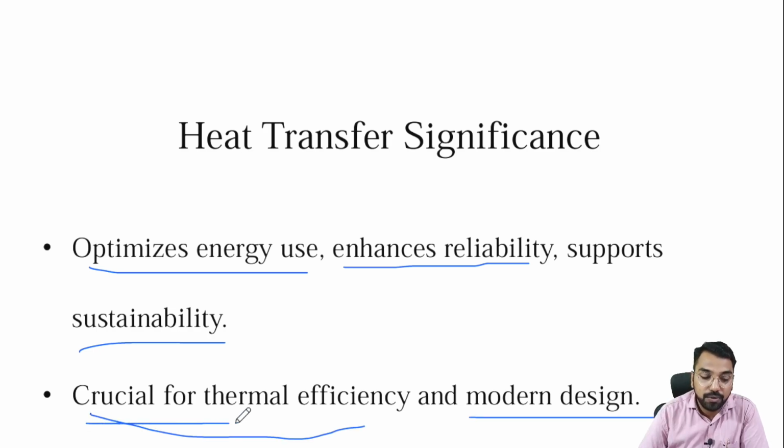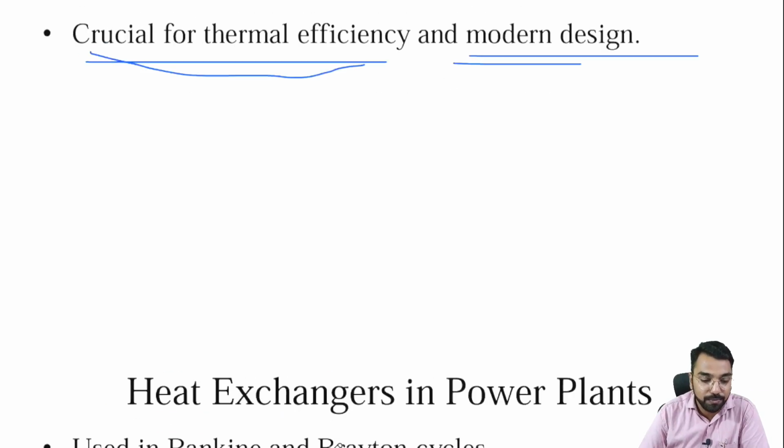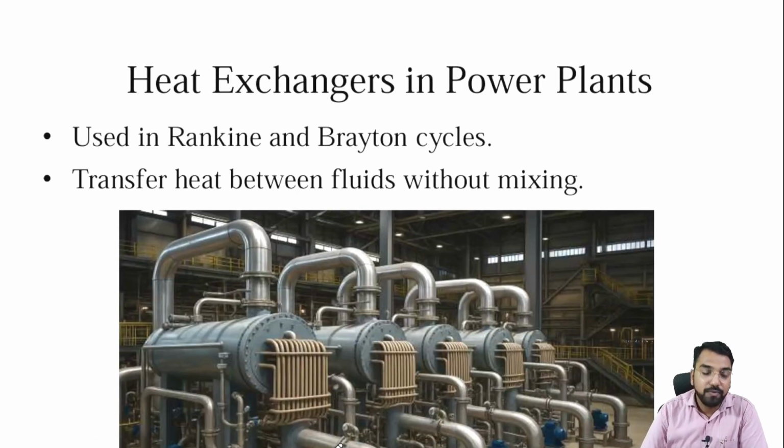It is crucial for thermal efficiency and modern design, as I have explained before. We are going to see in detail how these applications of heat transfer with their three modes are applied in real life or in engineering applications.